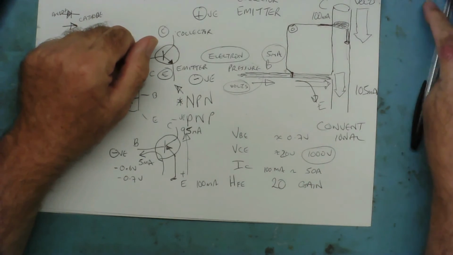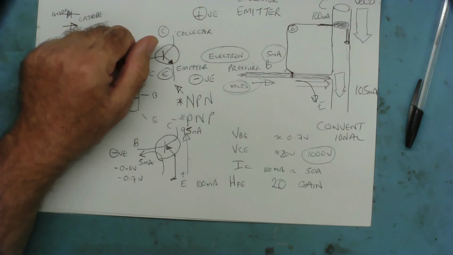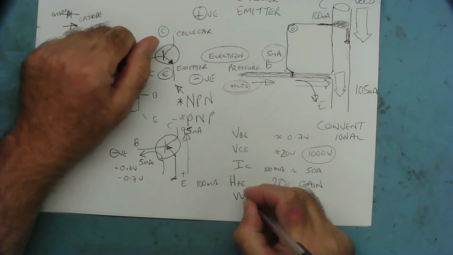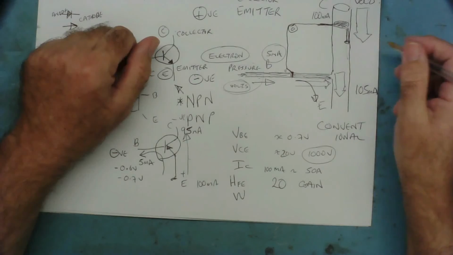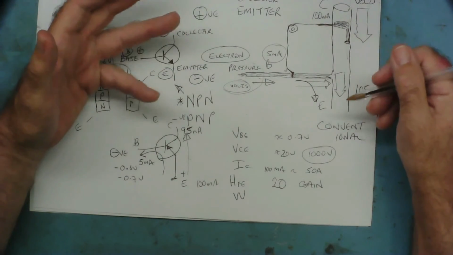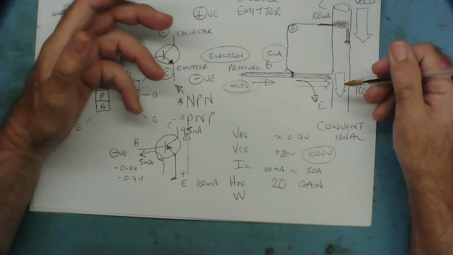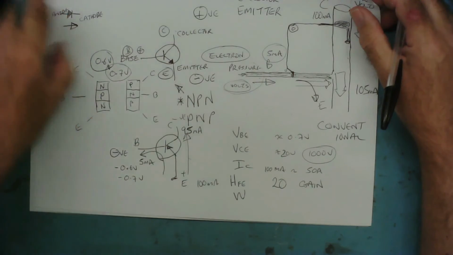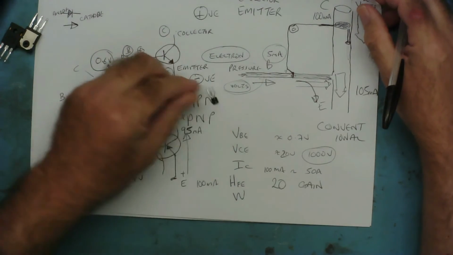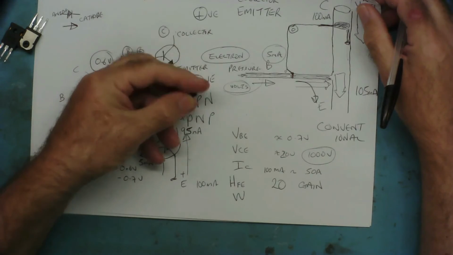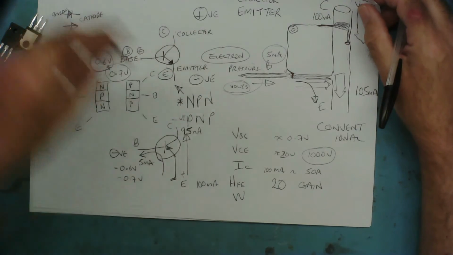The only other really useful parameters in my opinion, there's two. There's wattage, W. This is how much wattage the transistor can dissipate. You'll notice that small transistors are just little plastic things, and they might dissipate 100 milliwatts or a couple hundred milliwatts or something like that.